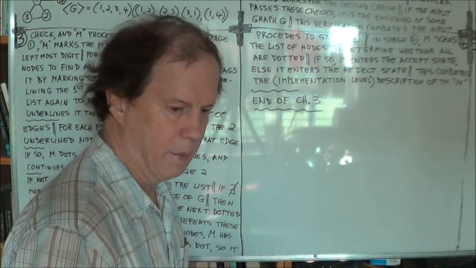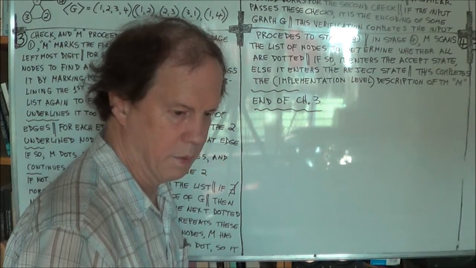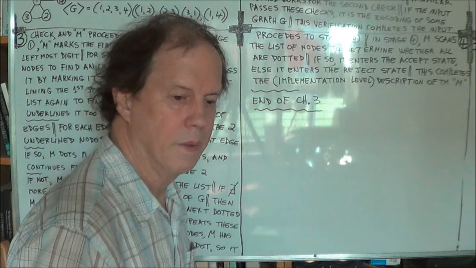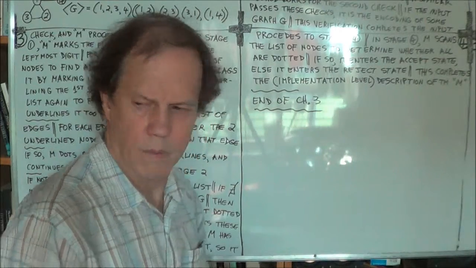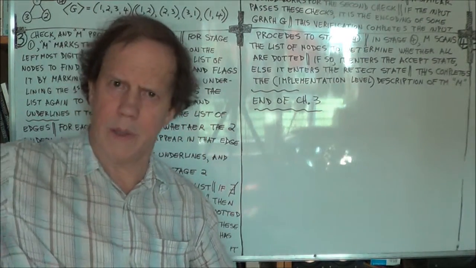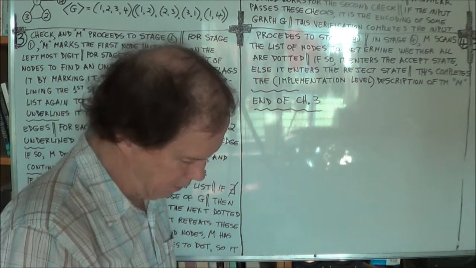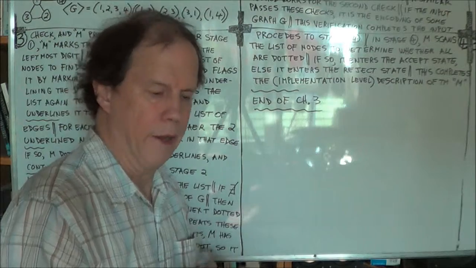So part 2, which we're into now, is called computability theory.